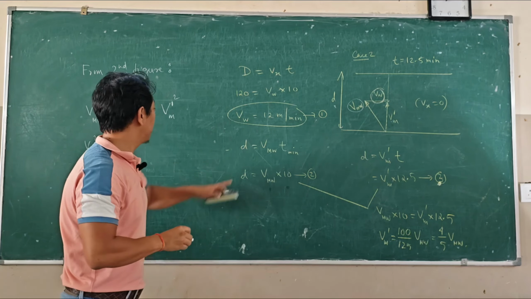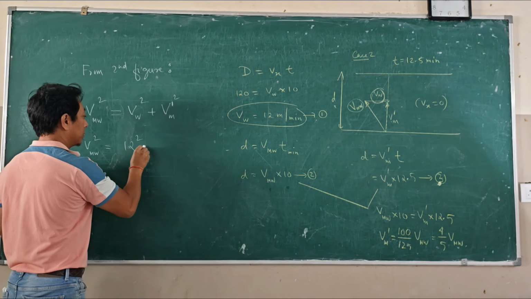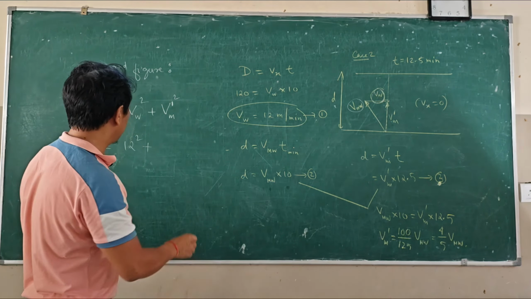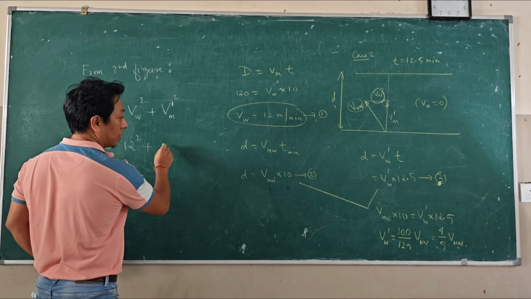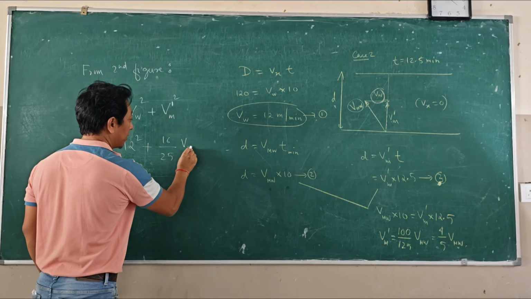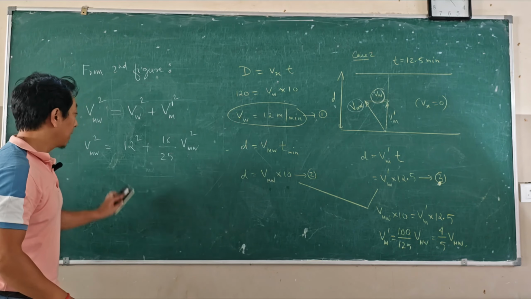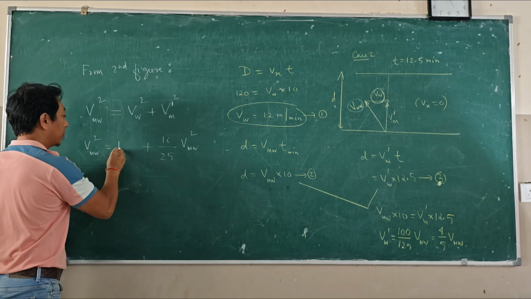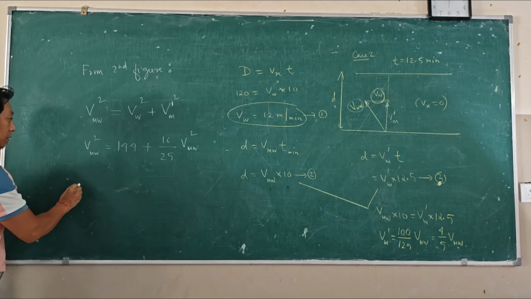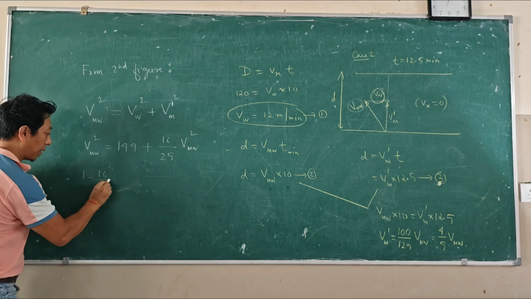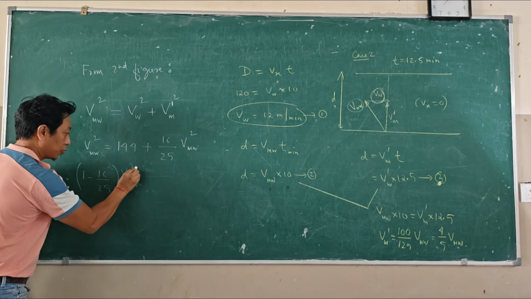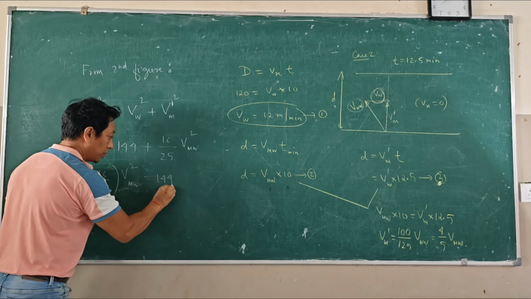Vw we found 12, plus Vm dash we found 4 by 5, so 16 by 25 Vmw square, right? And this is 144. You bring this to this side, it will be 1 minus 16 by 25 Vmw square equals 144.